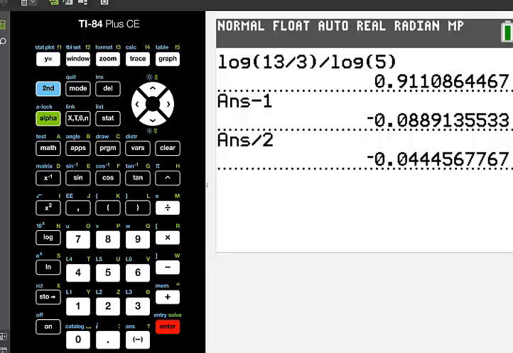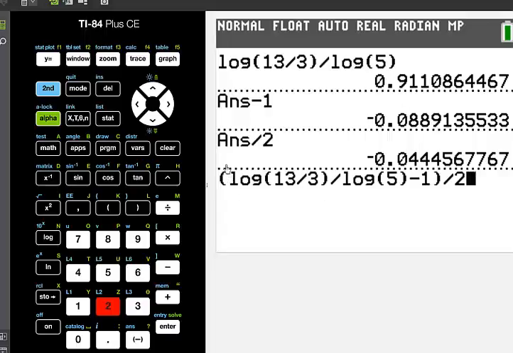The other option would be to try to type it all in at once. There's just so many more places you can go wrong. Because the calculator follows order of operations, you would have to put a parentheses around the entire numerator before dividing by 2. Let me show you what that would look like. So I've typed it in. Notice that I opened a parentheses at the front of the numerator, and then I closed a parentheses at the end of the numerator.